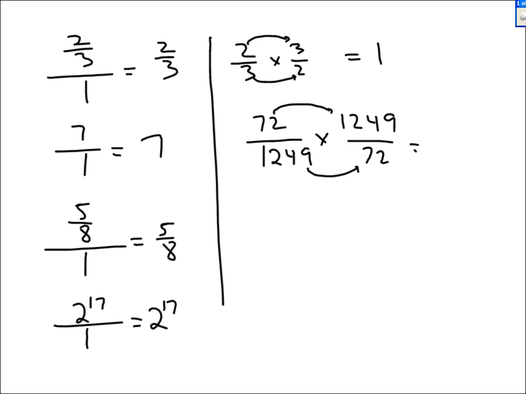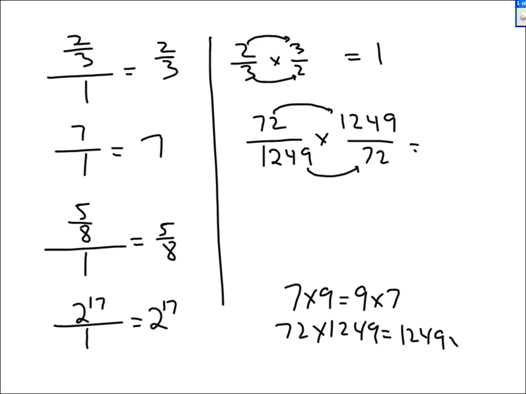It's the same as 1249 times 72. 7 times 9 is the same as 9 times 7. 72 times 1249 is the same as 1249 times 72.